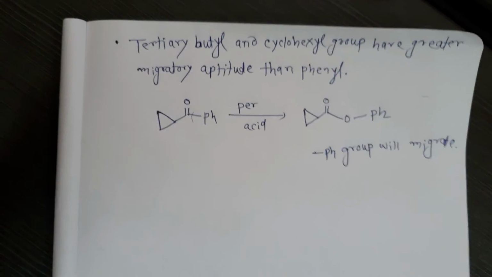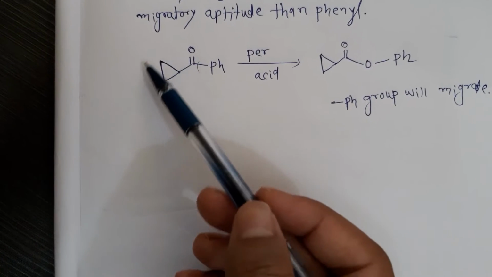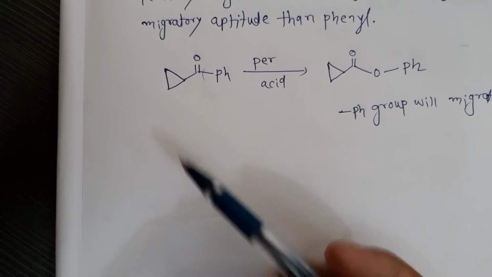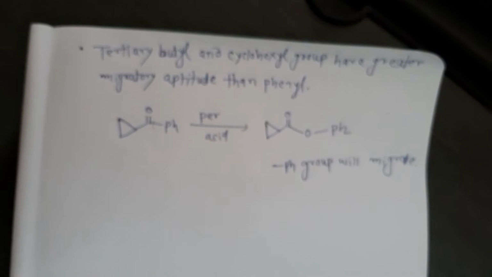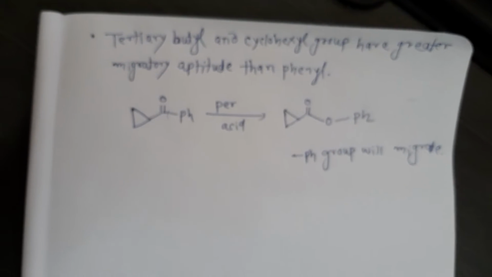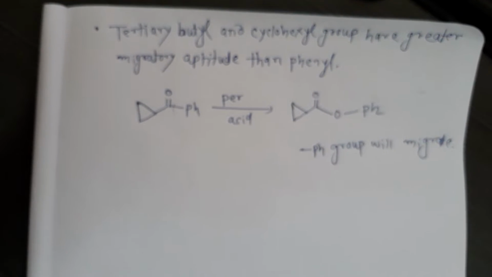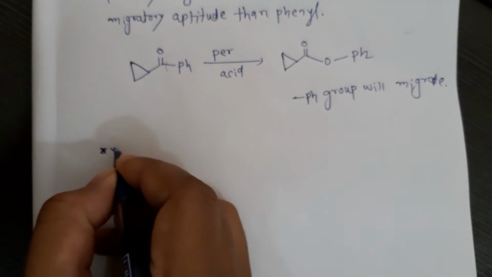Now if one group is present which has a chiral center, then after migration what will be the configuration of the chiral center, whether retention of configuration or inversion of configuration? In Baeyer-Villiger oxidation, retention of configuration of the migrating group always occurs. So this is a very important point.